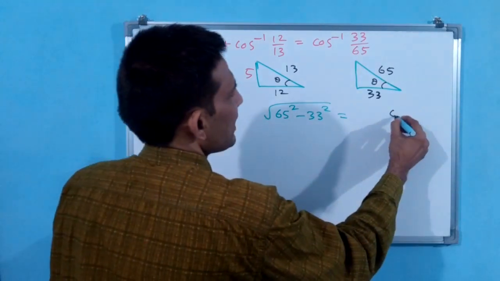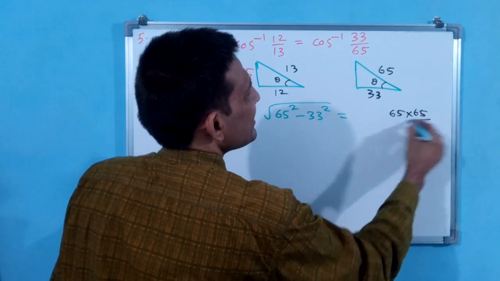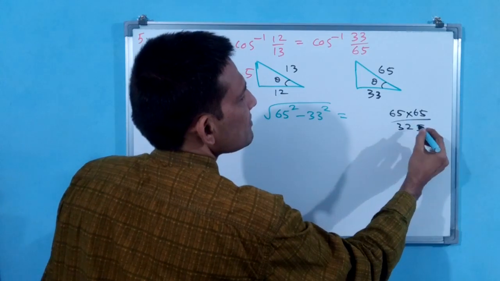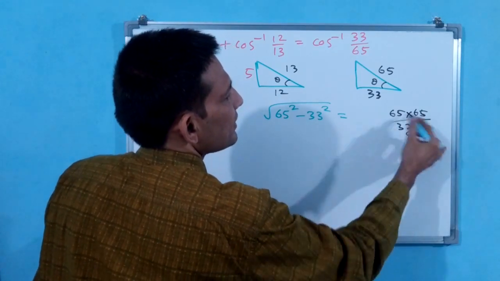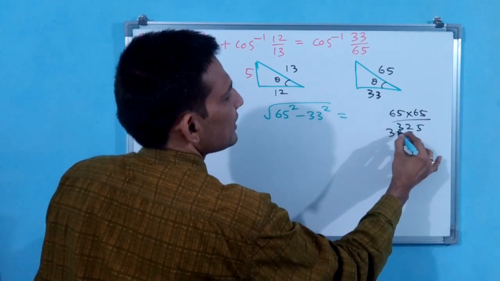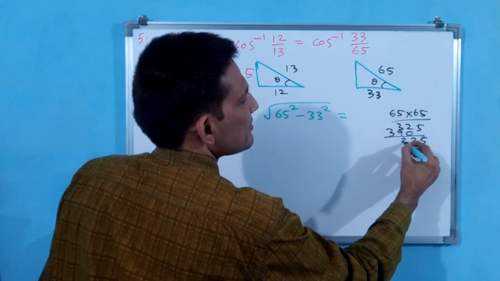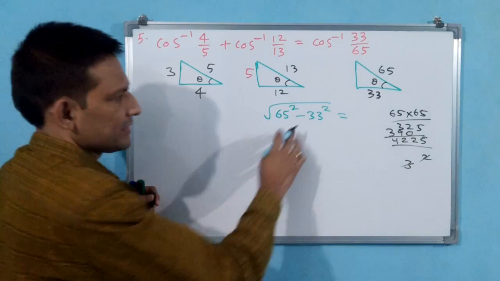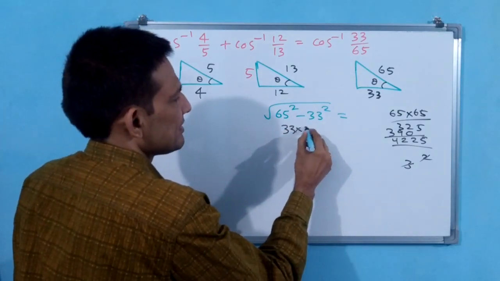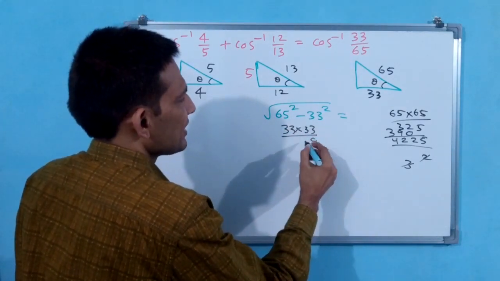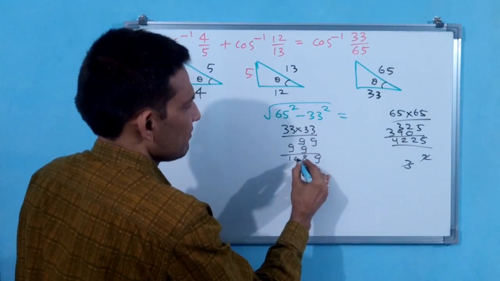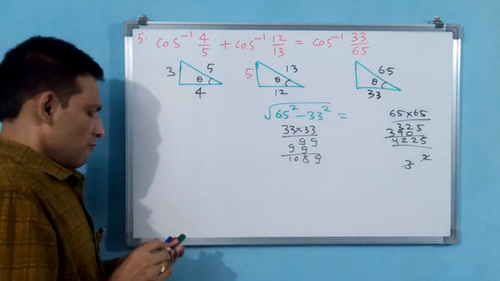Okay, 65 square. 5 5s are 25, 5 6s are 30, 32, 6 5s are 30, 6 6s are 36, 39, 42, 25 is there. Keep it at that side. 33 square: 3 3s are 9, 3 3s are 9, 9, 18, 1089.